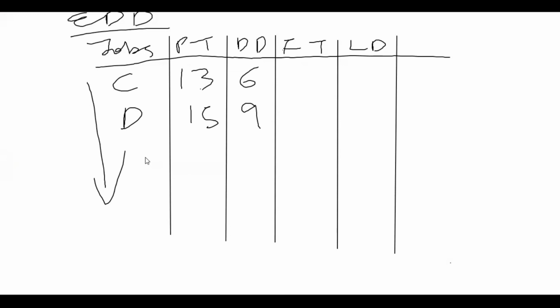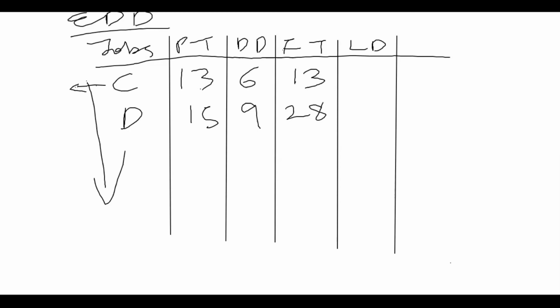And then you calculate your flow time. Flow time for C will be 13. As you can see, if they were using this method, remember we were customer C, they would have attended to us first. Then for B, your flow time would be 13 plus 15, which would be 28.